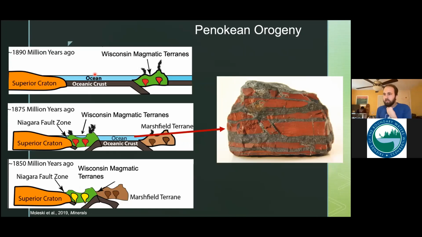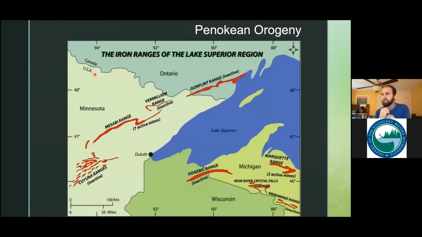And if we look at the map of the Lake Superior region, each of these red areas is an iron range. So the Mesabi Range is one of the more important ones to Minnesota history, but there's a bunch in the UP of Michigan, and in northern Wisconsin is the Gogebic Range. So some people call the Gogebic Range the Pinocchion Mountains because it all formed during this time.